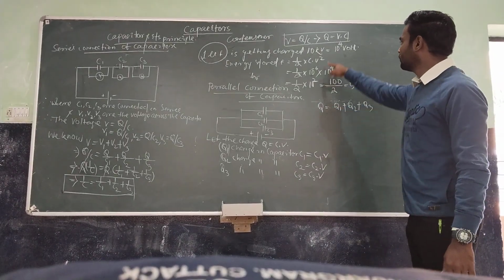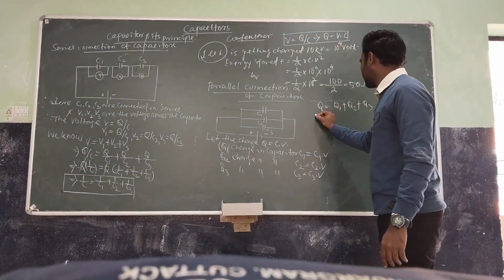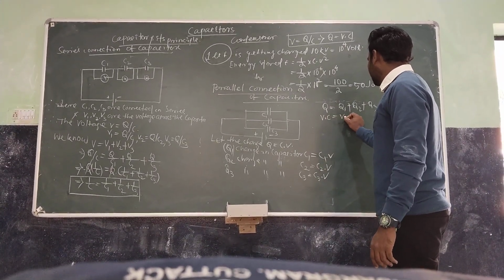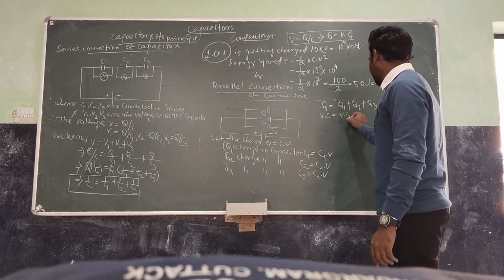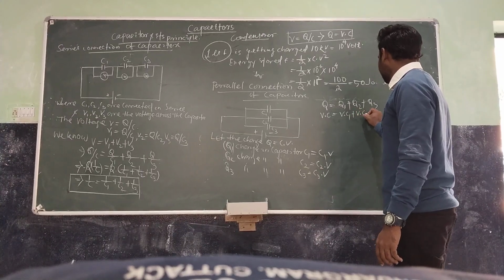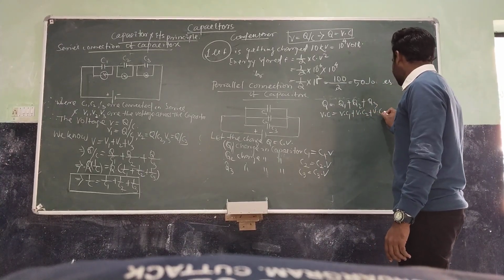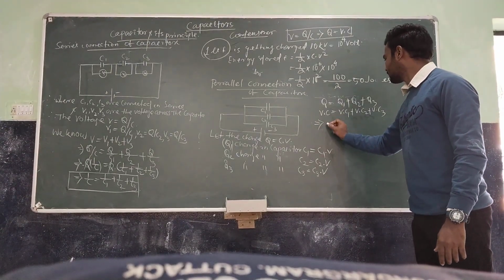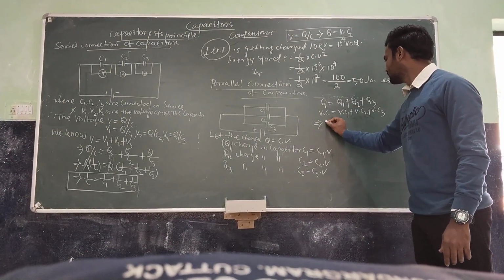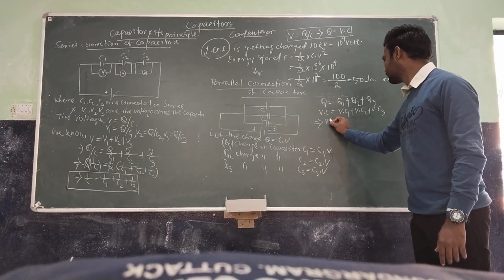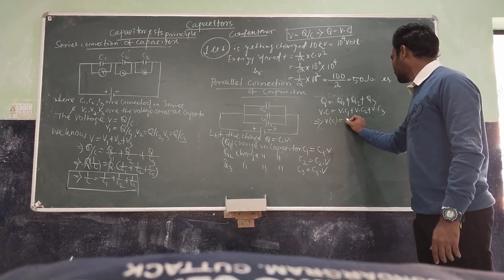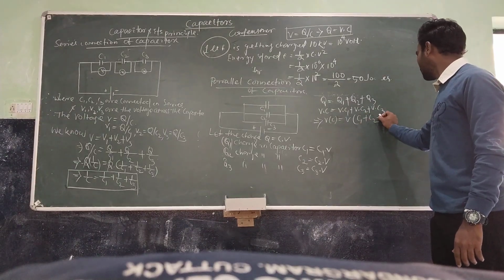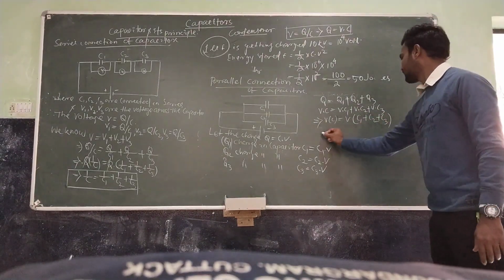What is the formula of Q? Q is equal to V into C. So V into C is equal to V into C1 plus V into C2 plus V into C3. Taking V common, V into C equals V into C1 plus C2 plus C3.